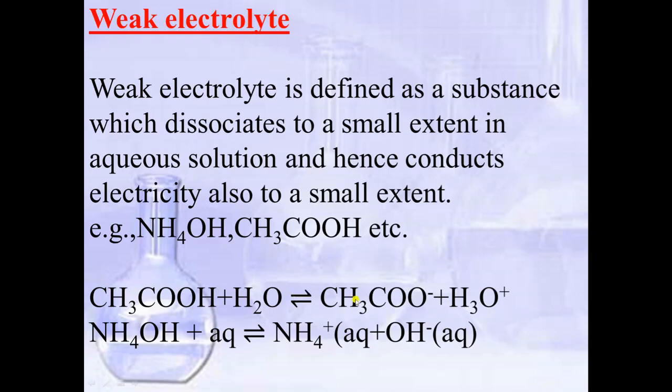CH3COO- plus H3O+. This is the anion, this is the cation. These are the ions which are formed. The next example is ammonium hydroxide plus aqueous solution, which will give ammonium ion and hydroxyl ion. In these reactions, the substance dissociates to a small extent, or we can say partially.